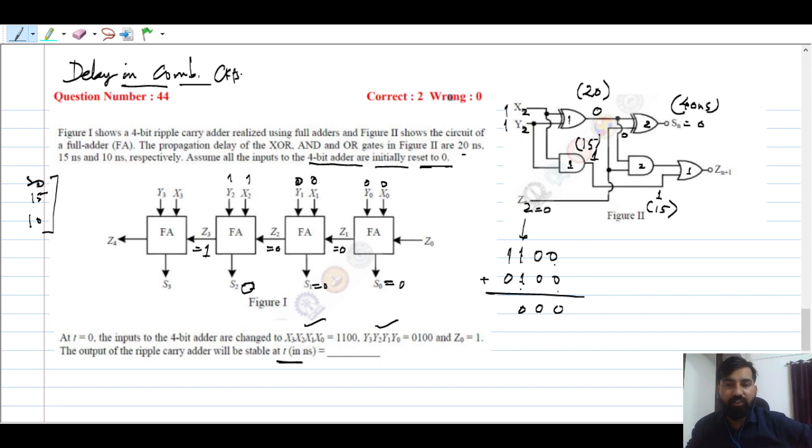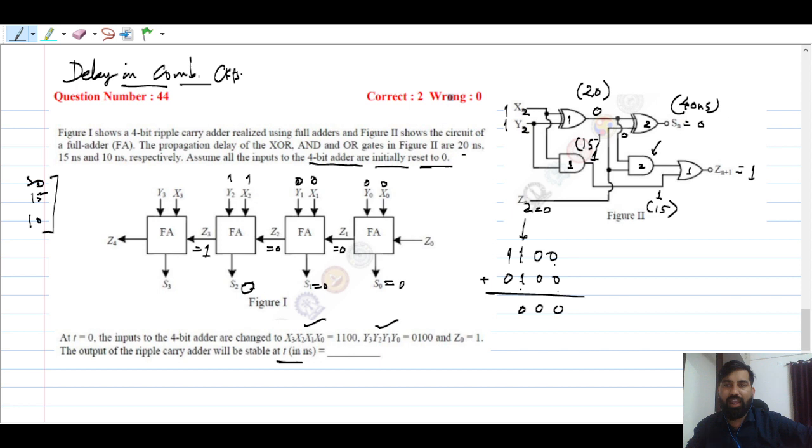Now let us talk about carry. This carry is going to be Z3. Once you add x2 and y2, you're going to get Z3 as 1, but after what nanosecond, that we have to check, right? Focusing on the OR gate, its property is that if any one of the inputs is 1, the output is always high. But after what nanosecond it is going to be high is very important. As long as the other input is 1 or 0, we don't care.